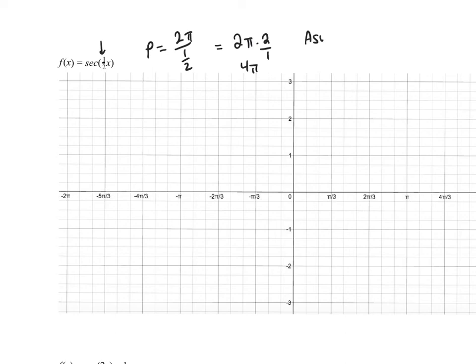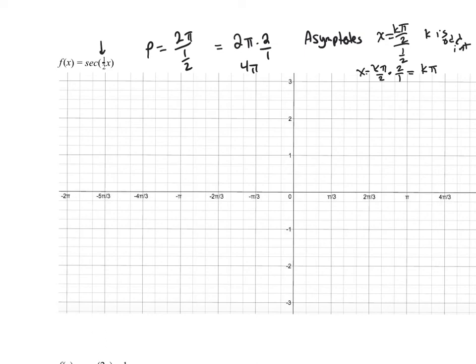Now our typical asymptotes for secant are at x equals k pi over 2, where k is an odd integer. We're going to divide that by half as well, which is k pi over 2 times 2 over 1, which will be k pi.